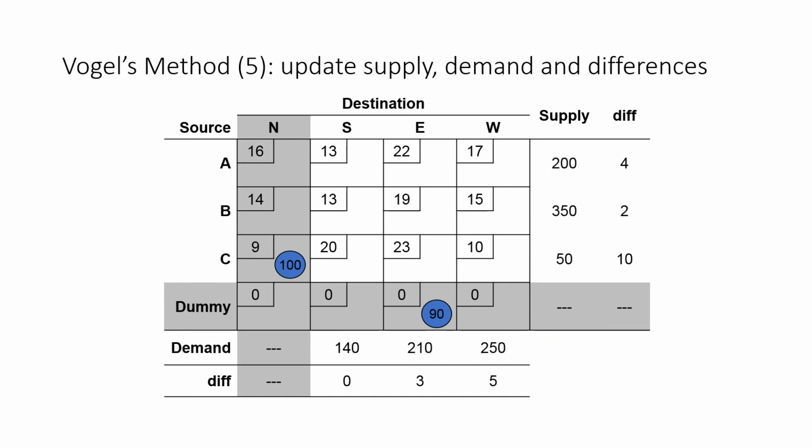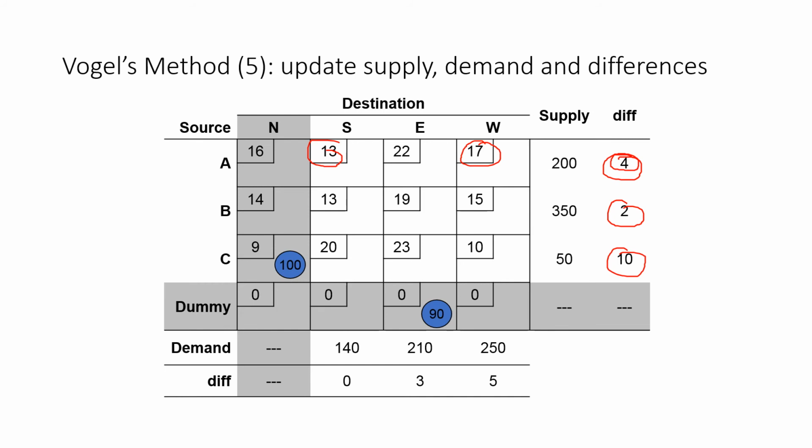Here, the updated differences, after removing the first column, are 4, 2, and 10. Obviously, these are calculated from, for example, this 4 here is calculated from 13 or 17 minus 13, the smallest two costs, which is 4, and similarly this 2 is calculated from 13 minus 15, and so on.